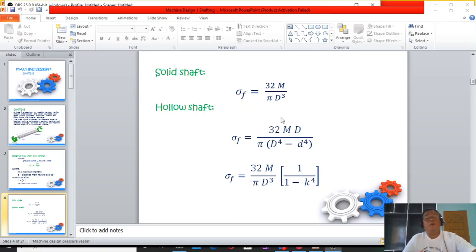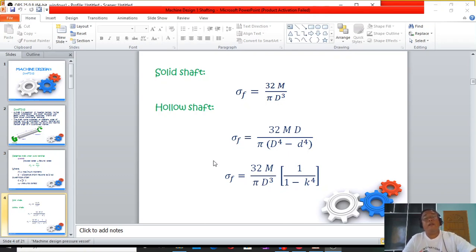Okay? So, for hollow shaft, flexural stress equals 32M multiplied by D over pi times D to the fourth minus d to the fourth. Since, class, the moment of inertia is equal to pi over 64 multiplied by D to the fourth minus d to the fourth, or the outside diameter to the fourth minus the inside diameter to the fourth.